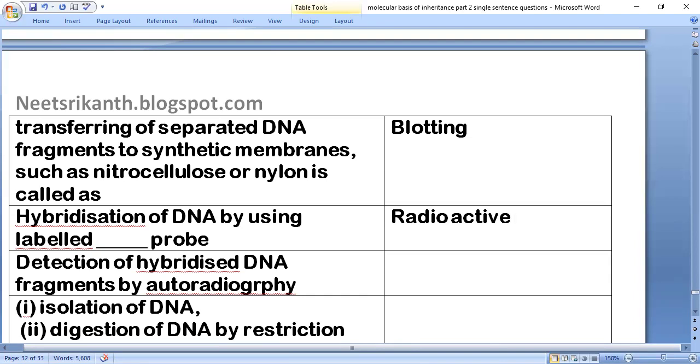Detection of hybridized DNA fragments is by autoradiography.